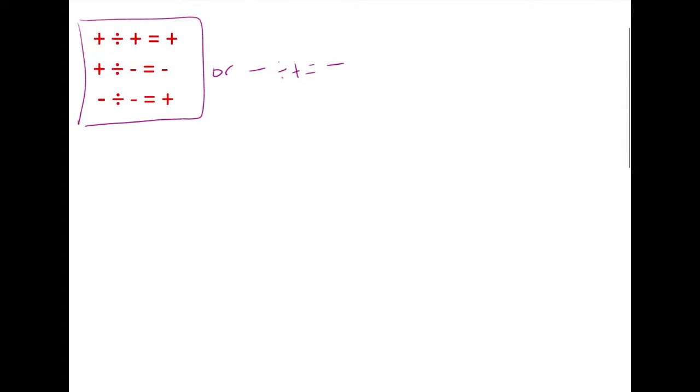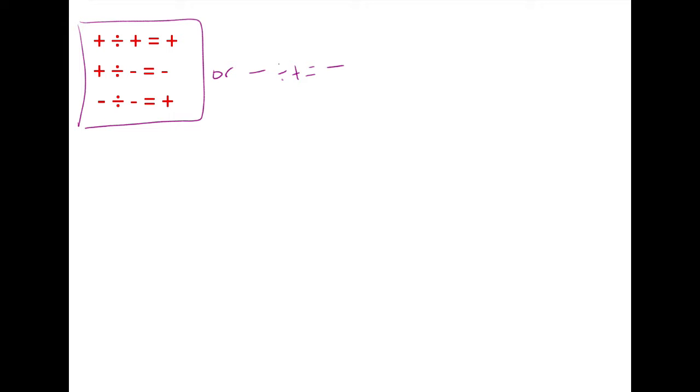So I'm just going to do one example for you of this because we worked many yesterday and you practiced a lot with your homework. But just to show you again, a positive divided by a positive is always going to be a positive. And then if we have a negative divided by a positive, of course that's going to be negative.